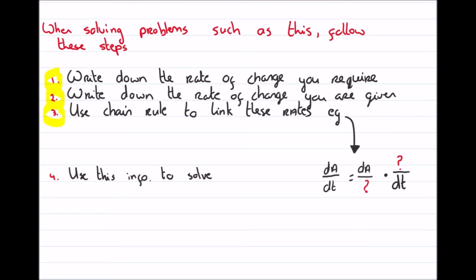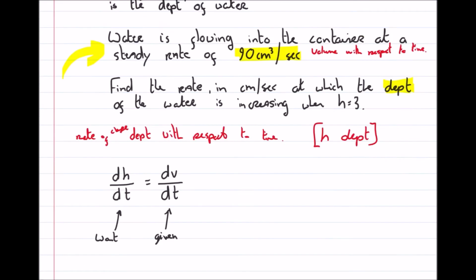Use chain rule to link these. So basically I need another rate of change over here that has the same thing here and here, and then the same dA or whatever it is on top here, and the same for this on the bottom. Okay. Right, so I need to multiply it by that. So multiplied by, now let's see, we have the dt, okay, so that's that sorted, that dt.